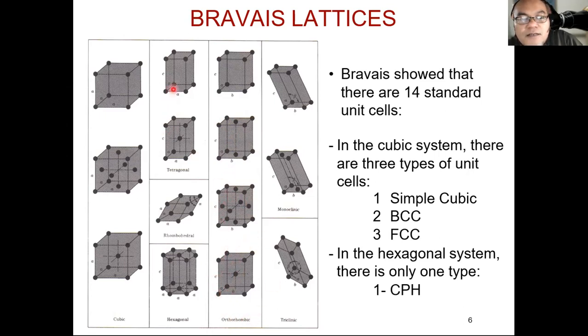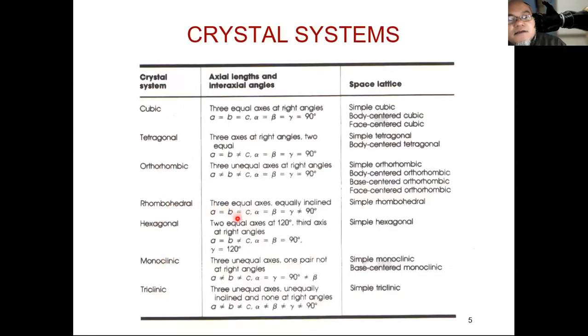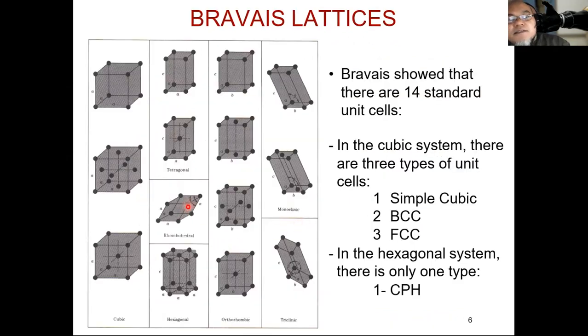Then we have tetragonal. A equals B and is not equal to C. The interaxial angles are 90 degrees. Simple tetragonal, body center tetragonal. Then we have hexagonal, simple hexagonal. We have rhombohedral, where A equals B equals C, and the interaxial angles are the same but not equal to 90 degrees.